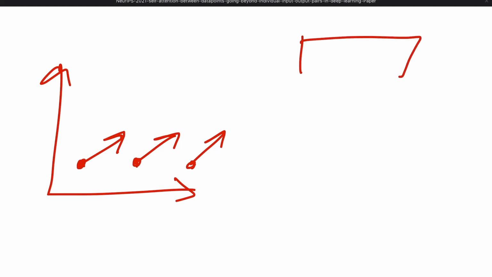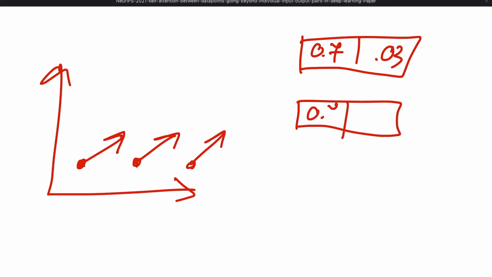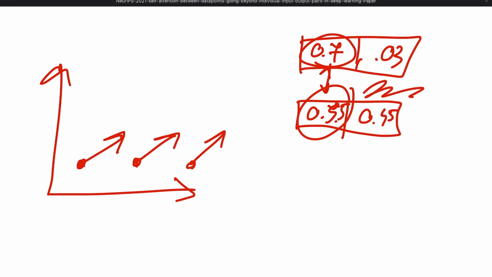So for example, if you make a prediction, there is no difference between predicting 70% for class 1 or 55% for class 1, because at the end of the day, you'll just take the max. So there is room for error in this thing.